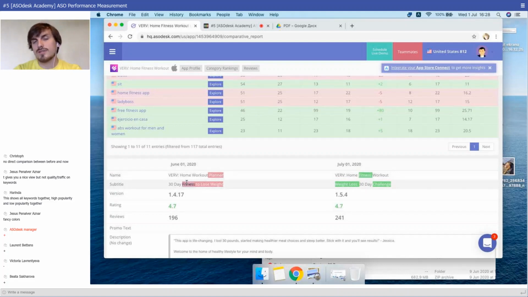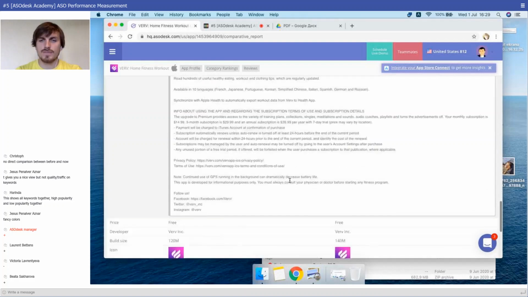So it's absolutely clear that Verve were targeting the keyword fitness and all the keywords which contain the word fitness. And then, as you remember, we had, I think, this case yesterday. We were talking about this yesterday as well. So they were targeting the long tail keyword 30 days challenge. Let's take a look whether they updated.